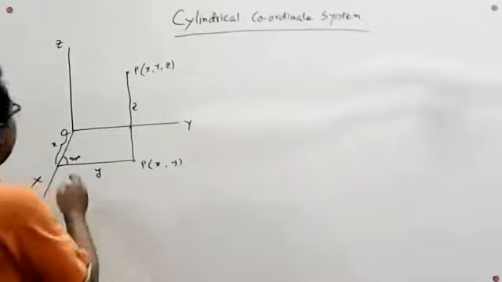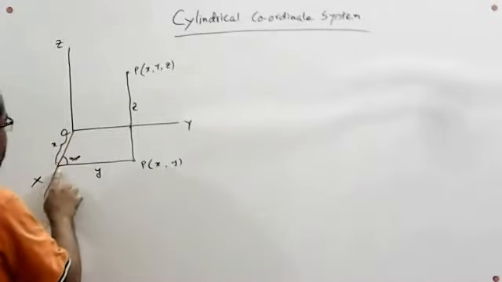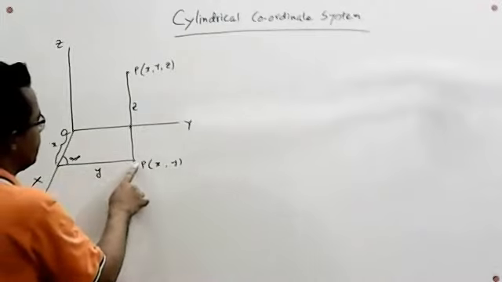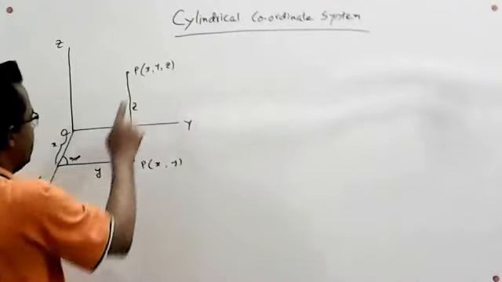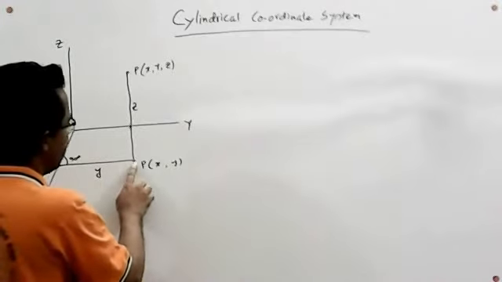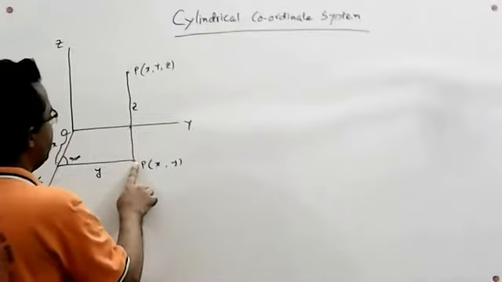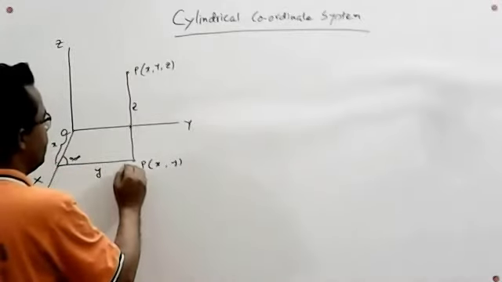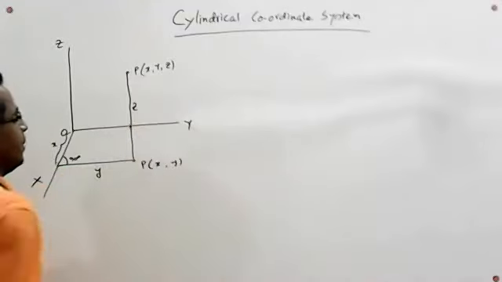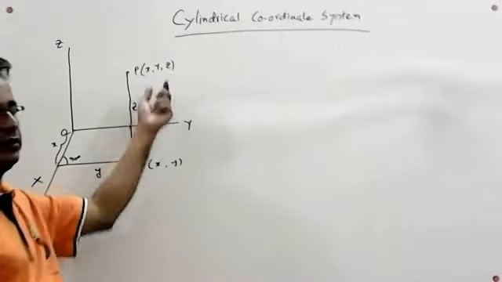At first, we move from the origin to the point on the x-axis, then to the projected point, and from this point we reach the projected point of this point, and from there we can move upward or downward, making z. Then we have finally defined P(x, y, z), which is the Cartesian coordinate system in 3 dimensions.